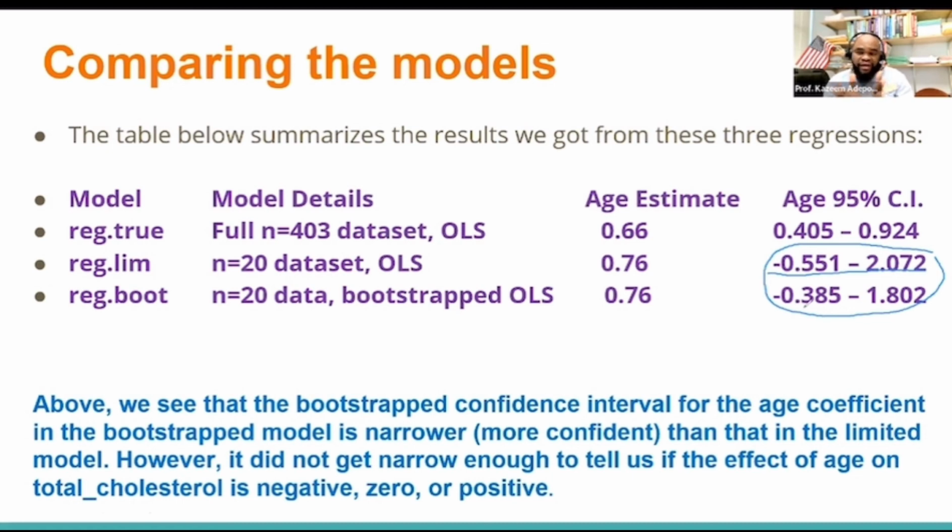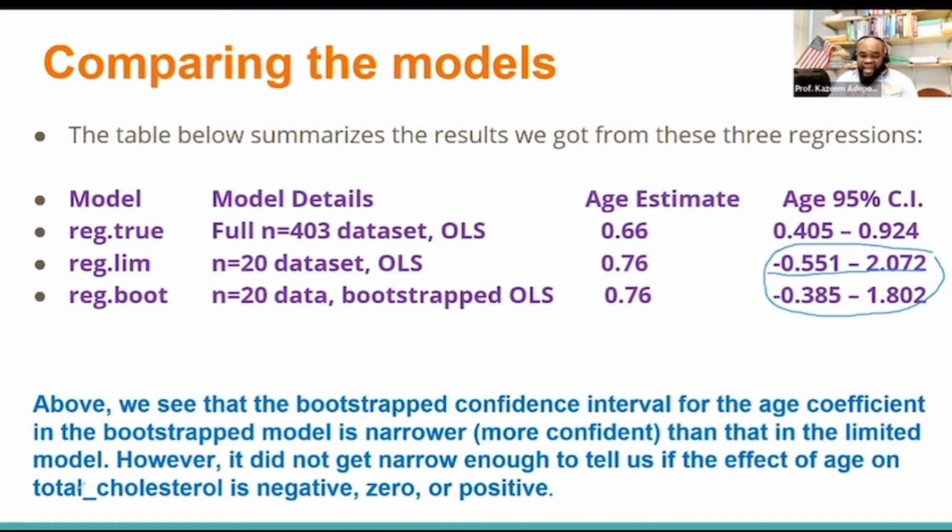When you have a smaller range of interval, it comes with a lot of confidence. If you take a look at what I have here, negative 0.551 to 2 is very wide compared to negative 0.385 to 1.802.